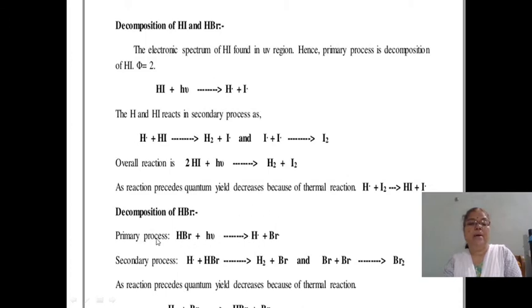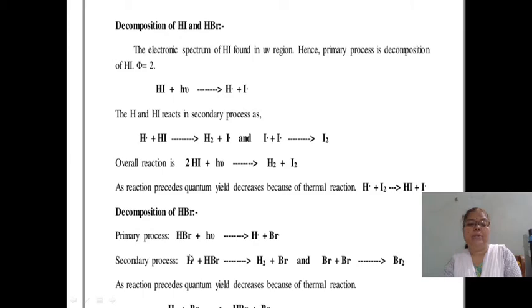Similarly, the decomposition of HBr occurs. Here the primary process is dissociation of HBr into a hydrogen radical and a bromine atom.